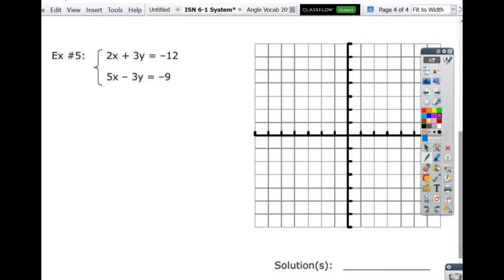Okay, the last one. Everybody solve for y and start graphing. So the first one, I'm going to solve for y, so I'm going to subtract the 2x. And divide by 3.